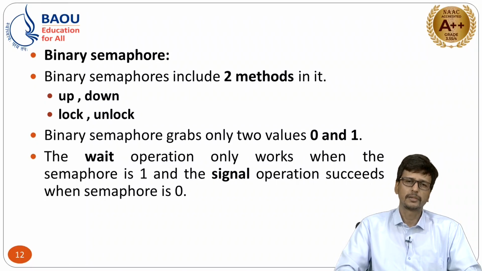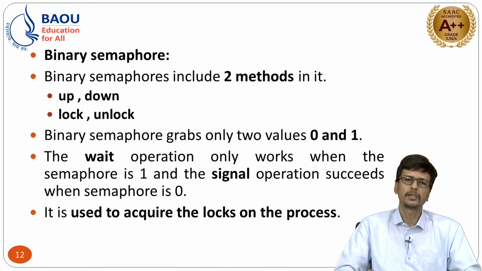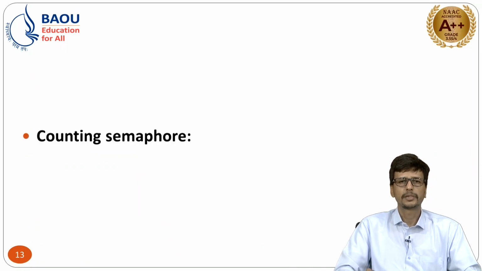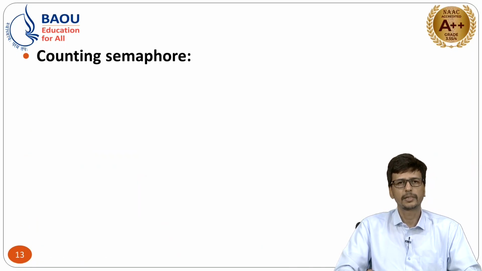When this process has successfully completed, the resource will be released, and then after the signal, the semaphore value is changed from 1 to 0, and another process will use that particular resource, right? This way you can acquire the resource with the help of a semaphore. That is the binary semaphore. The second type of semaphore is the counting semaphore.